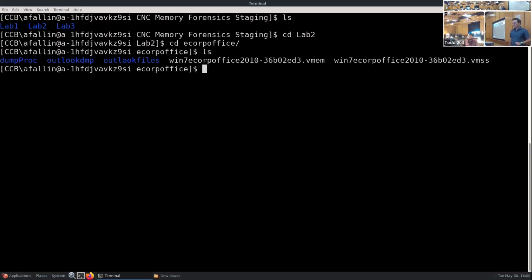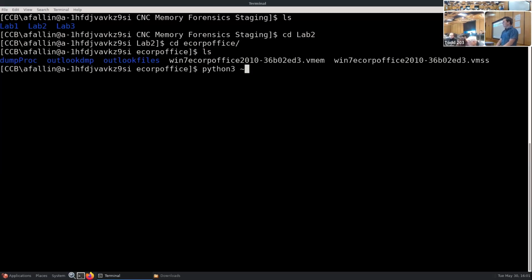So we have a couple of memory files. We've got the VMem file and the VMSS file, right? So we're going to use Volatility on the VMem file, and because we want to see what malicious processes are running, we're going to type in python3, and we can do this squiggle.